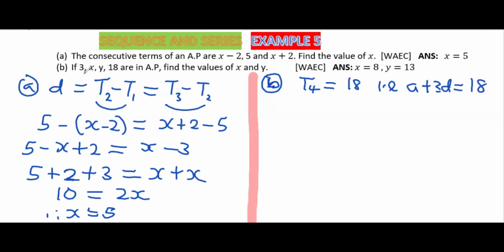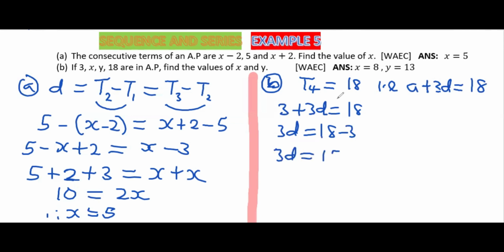We can now come back and say, since the first term is 3, that is A, 3 plus 3D equals 18. Then we have 3D equals to 18 minus 3, so we move this 3 to the right and it becomes minus 3, and we have 3D equals to 15. When we divide both sides by the coefficient of D, D becomes 15 divided by 3.